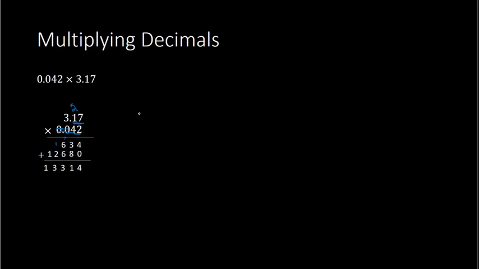So 2 plus 3 would give me 5. So what that means is that the decimal point is starting here. I move it 5 places. So over 1, 2, 3, 4, 5. So my final answer is 0.13314. And now we have 5 digits past the decimal point. So that would be my solution.